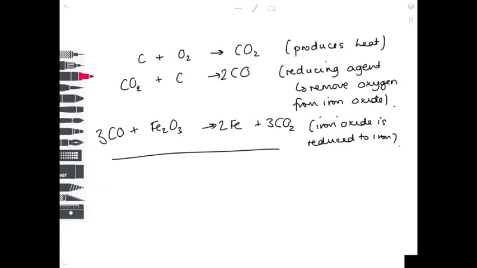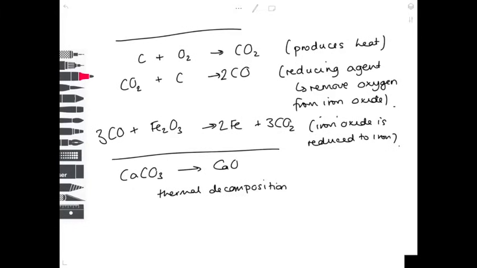Now it's important that we look at the limestone step. So this is kind of separate to everything that's gone on before. So we have our calcium carbonate, which is obviously limestone. It's going to undergo a thermal decomposition reaction, so make sure you can name the type of reaction, to produce calcium oxide and carbon dioxide. And it's that calcium oxide that's important because it reacts with the acidic impurities found within the blast furnace, producing calcium silicate, which we remember the formula of, because remember most people have a calculator which is of the brand Casio.